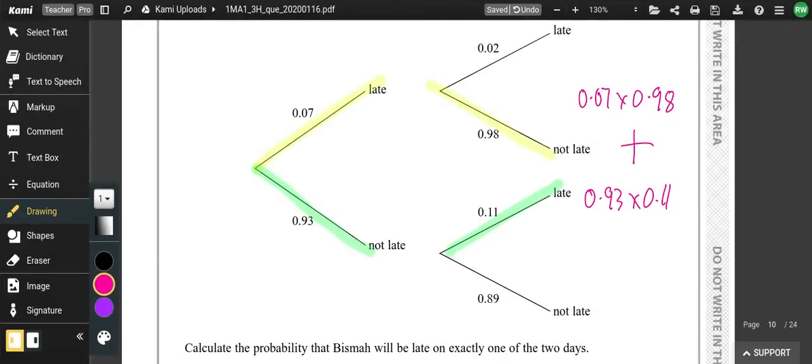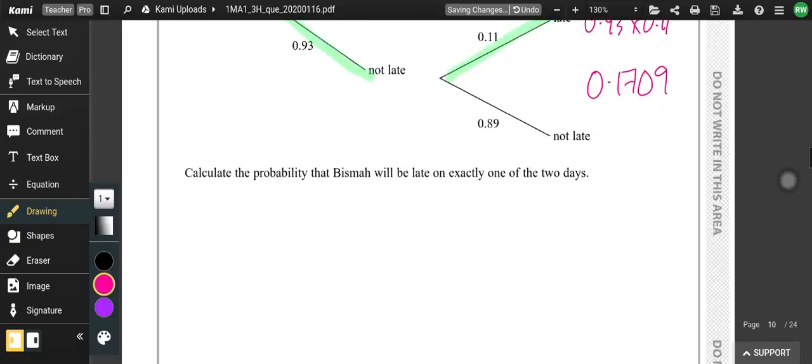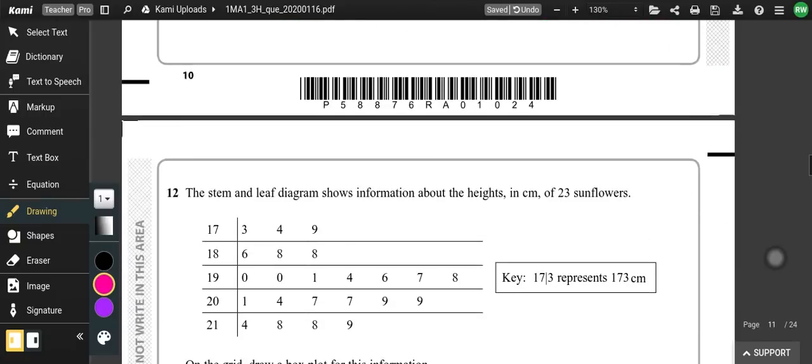So we've got 0.07 times 0.98 plus 0.93 times 0.11, and we get 0.1709. That's the probability that they'll be late on exactly one of the 2 days.